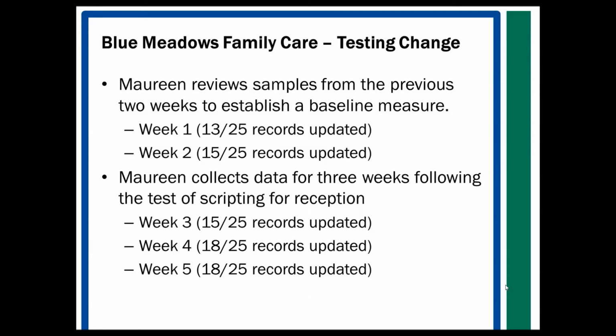The type of measure that is being depicted by Maureen sampling 5 records a day to determine if the primary provider was updated, I had as a process measure because this was a measure of what they were doing rather than the impact.